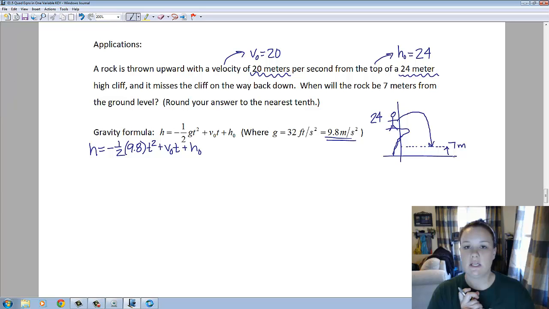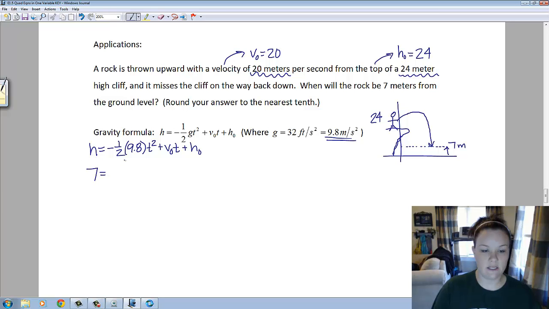So we're going to put 7 in for our h because that's the height we want, is equal to, and I'm going to multiply these together. Half of 9.8 gives me negative 4.9 t squared, plus our v naught, our velocity, which we know from our problem was 20 t, plus our h naught, our beginning height, which was 24. So here this is just a regular quadratic equation. Because there's decimals and bigger numbers, we're going to use the quadratic formula.